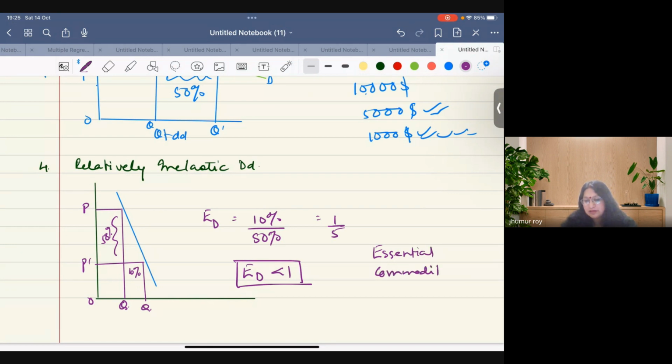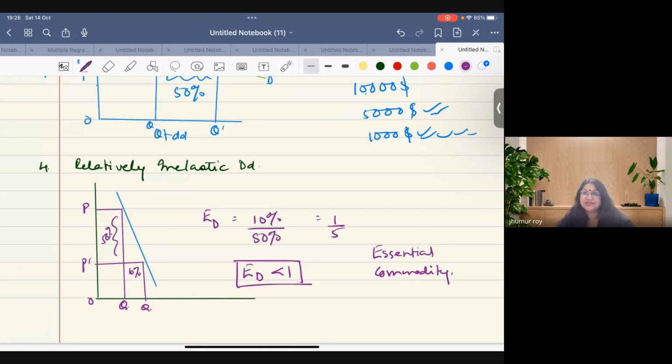For example, if you eat rice on a daily basis, even if the price goes down, we don't start eating more rice, because we don't start eating 2 kgs of rice because the price of rice has decreased by 50%. Whatever amount we eat, we will want to eat only that much.